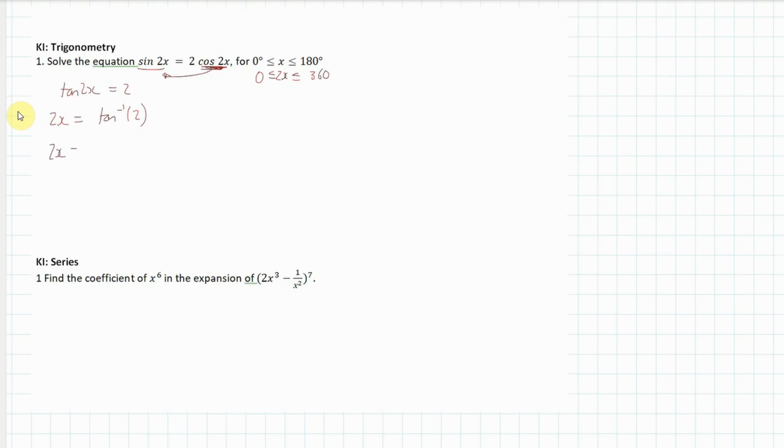So 2x equals 63.4, and we know that there is a repeat every 180, so the next one would be 243.4, and that's the only ones that we have in the range. So therefore x equals, and we're just going to divide both of those by 2, so 31.7 degrees or 121.7 degrees, and that would be it.